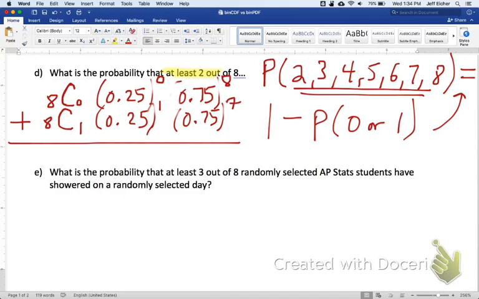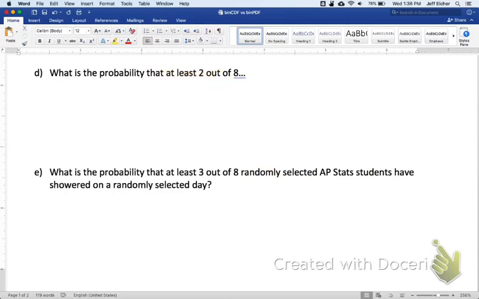To use BinomCDF though, hey, BinomCDF is built so it'll calculate a probability. It'll add a bunch of probabilities for you, but you have to tell it where to stop. So rather than typing any of these numbers in, we're actually going to have it calculate 0 and 1 for us, and we're going to tell it 1, and it stops at 1. So let's see what that looks like on the calculator.